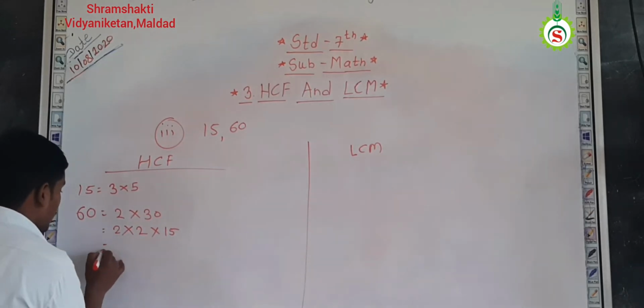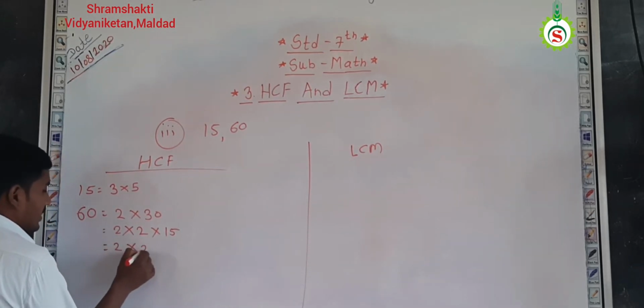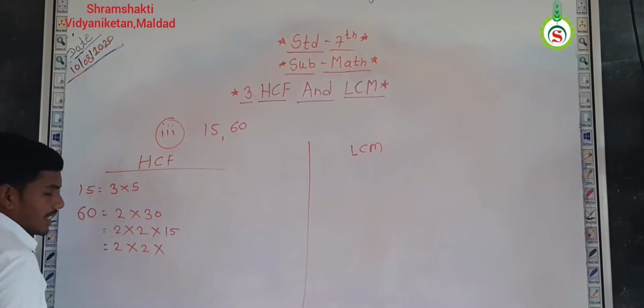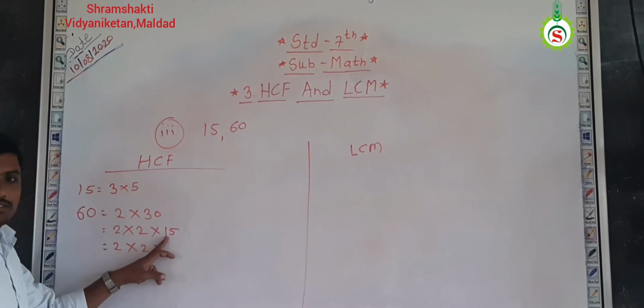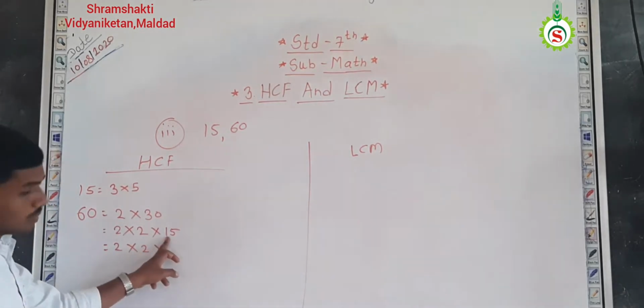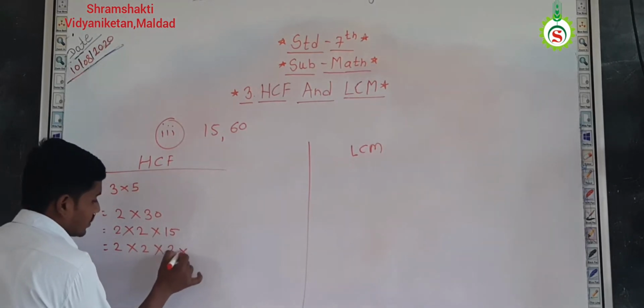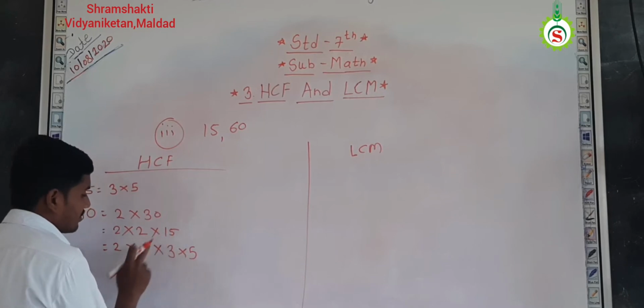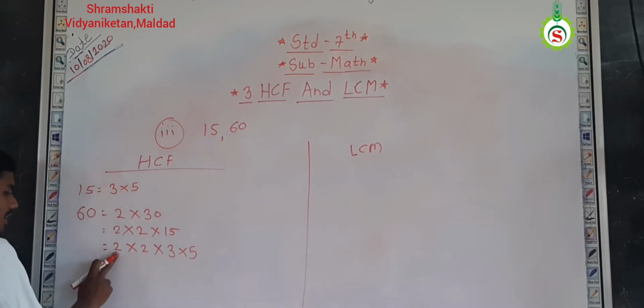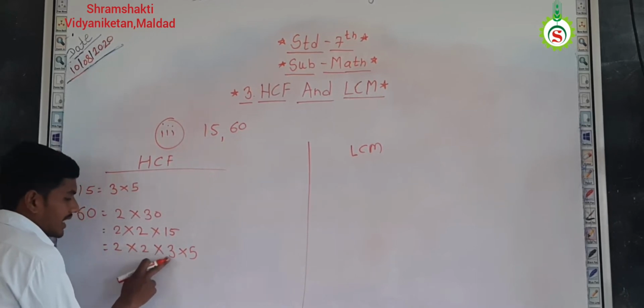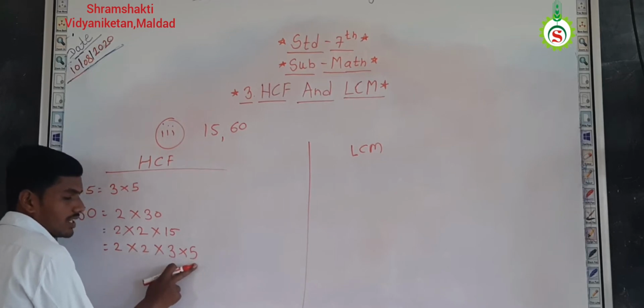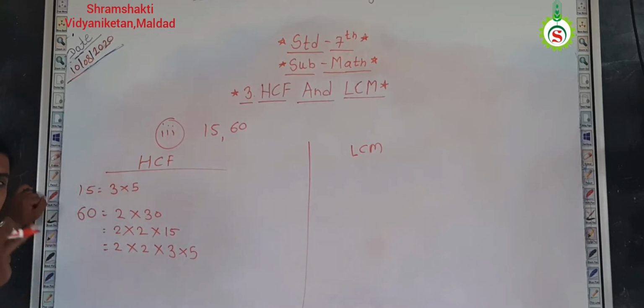Now that 2 is not divisible, that 2 also not divisible, but that 15 is divisible by another. So which is the smallest number which will divide 15? That is 3. So 3 fives are 15. Now that 2 is not divisible, that 2 also not divisible, that 3 also not divisible, and 5 also not divisible by any other number.